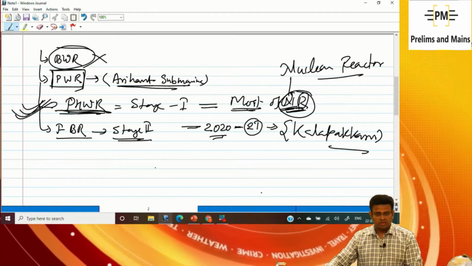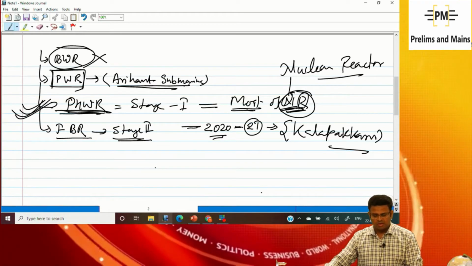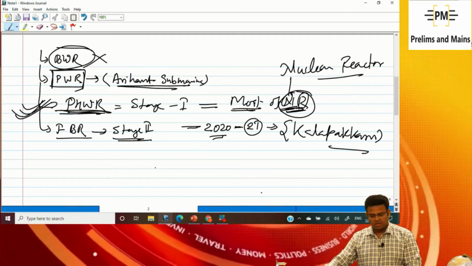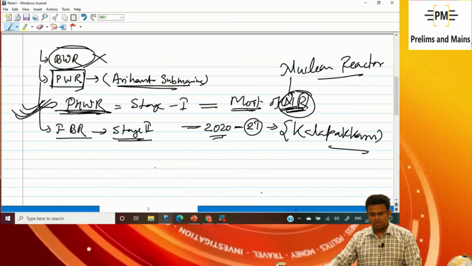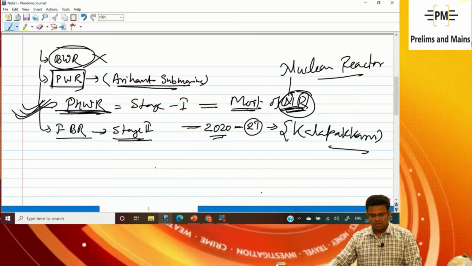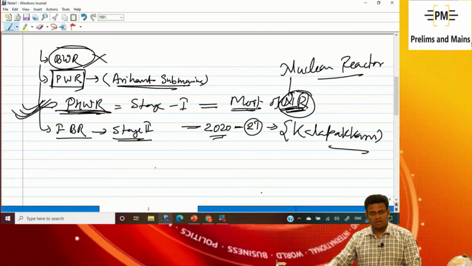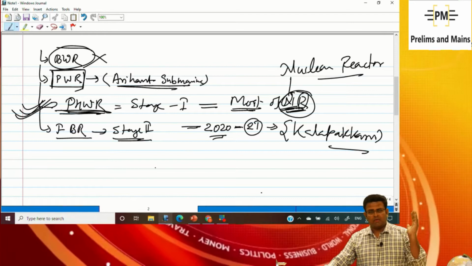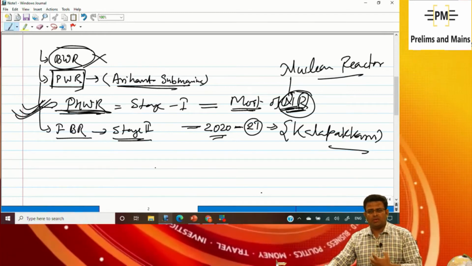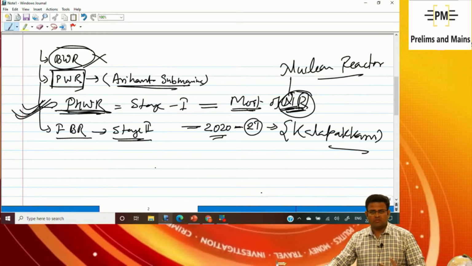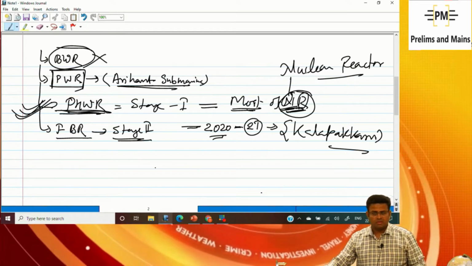So these are the four reactors: boiling water; pressurized water reactor in Arihant; pressurized heavy water reactor is stage 1 of India, and the fast breeder reactor is stage 2. In India, pressurized heavy water reactors are the highest in number. When I teach you in detail, you will automatically understand why India has this many reactors.